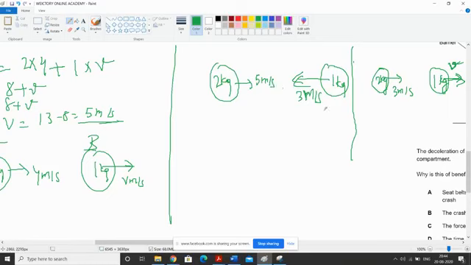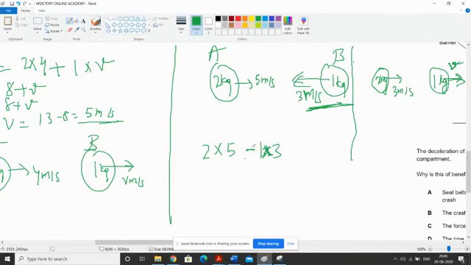So here the momentum of this particular block before collision will be negative, because we are considering right side as positive. See, we are going to apply the concept here. Momentum before collision equals momentum after collision. So 2 multiply 5, this is the momentum of A, minus 1 multiply 3, this is the momentum of B. Why are we writing it with a minus sign? Because momentum is a vector quantity. We need to consider the direction as well.